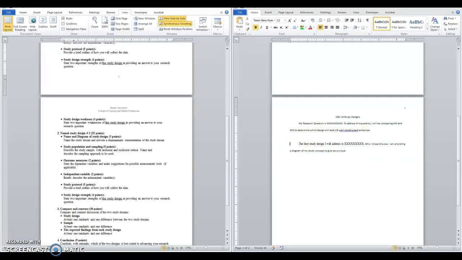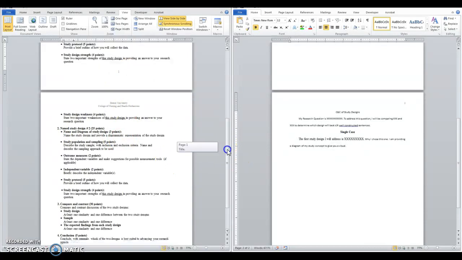Go here, make your heading, say single case. Single case is your study design. Then under that, make sure that you give me all of the criteria that you see under that section. You wouldn't necessarily have to use all of those headings.